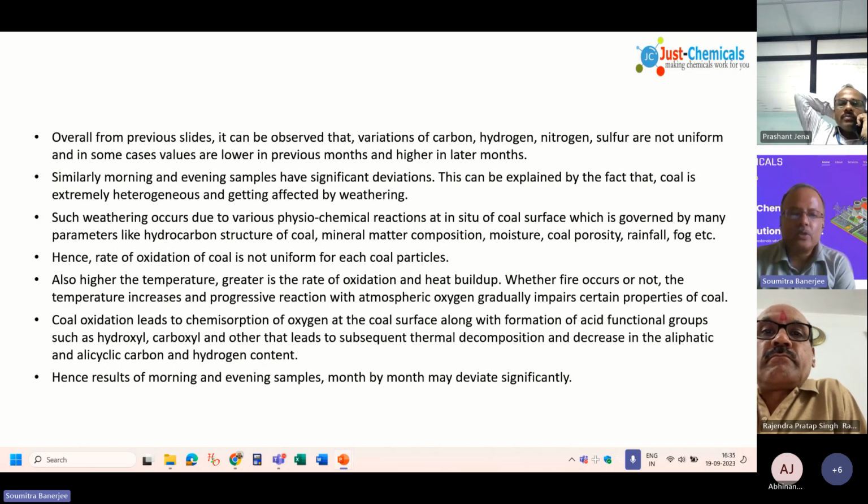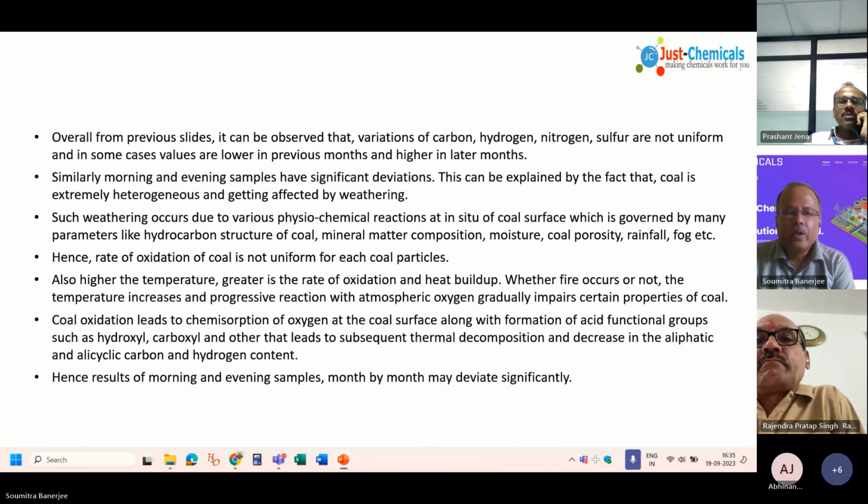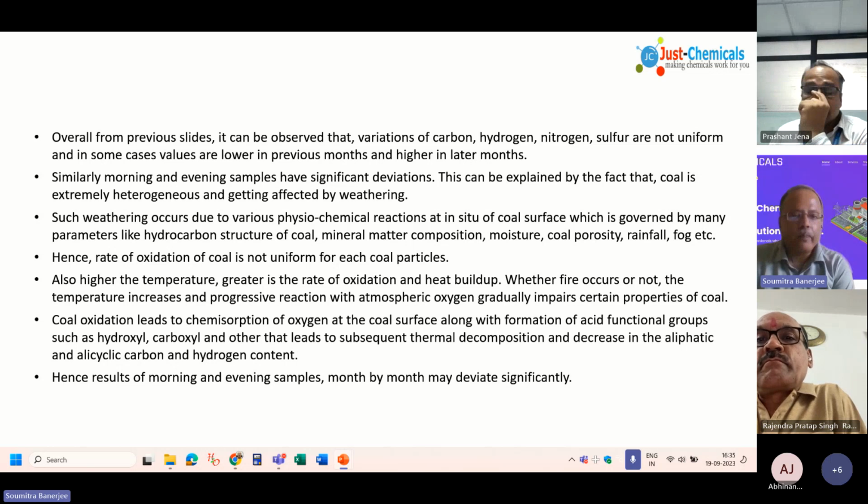If the particle size is lower, the rate of oxidation of the coal will be higher. Also, the higher the temperature, the greater the rate of oxidation and heat buildup. Whether fire occurs or not in the heap, the temperature increases and progressively the reaction with atmospheric oxygen will happen, and gradually it will impair the coal properties.